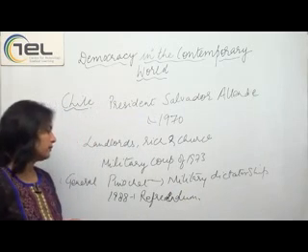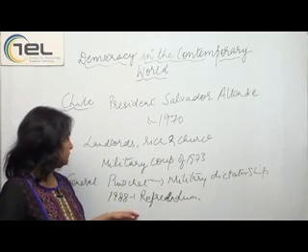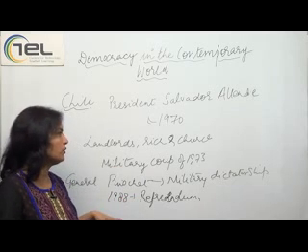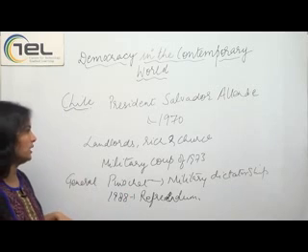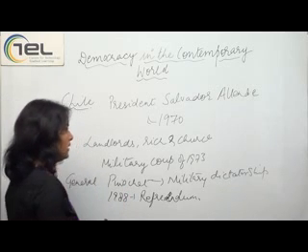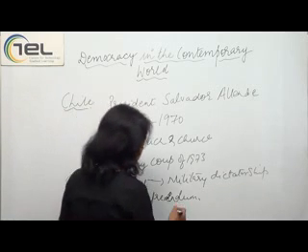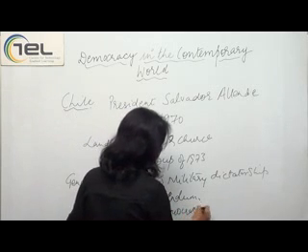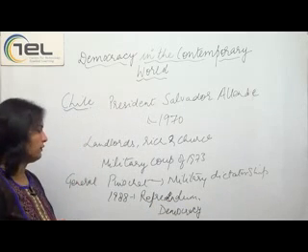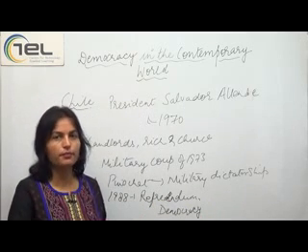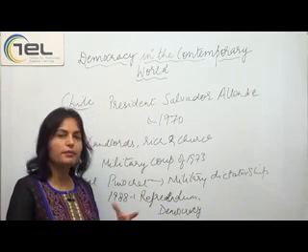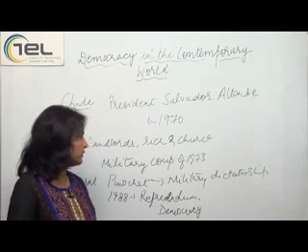So under the referendum, people didn't favor Pinochet, and as a result, Pinochet had to step down. And finally, democracy was restored. Some other democratically elected president came in, and democracy was finally restored.